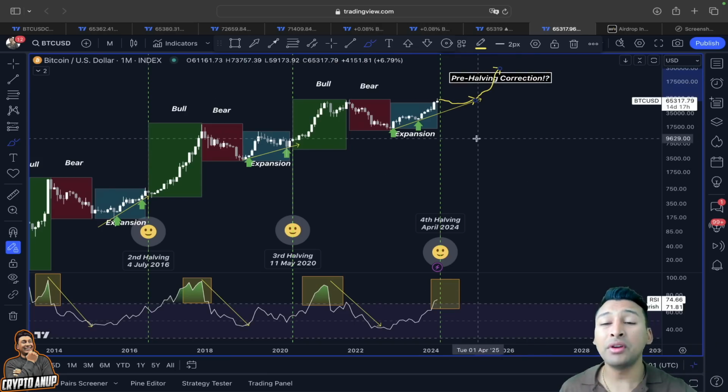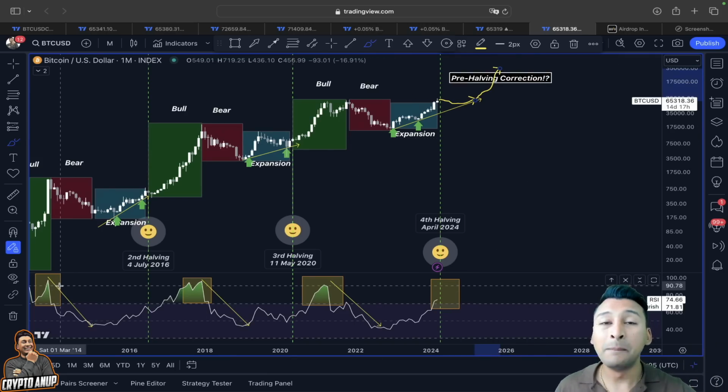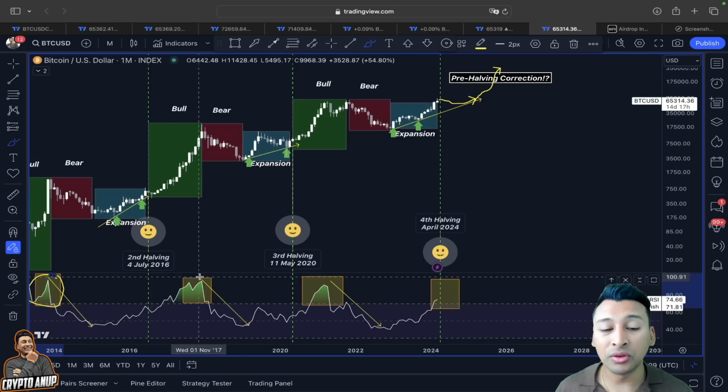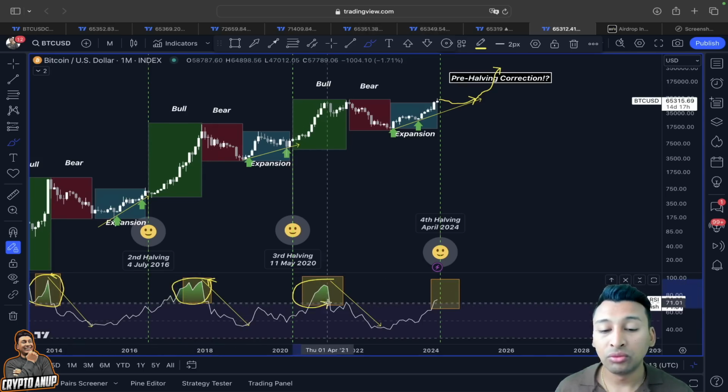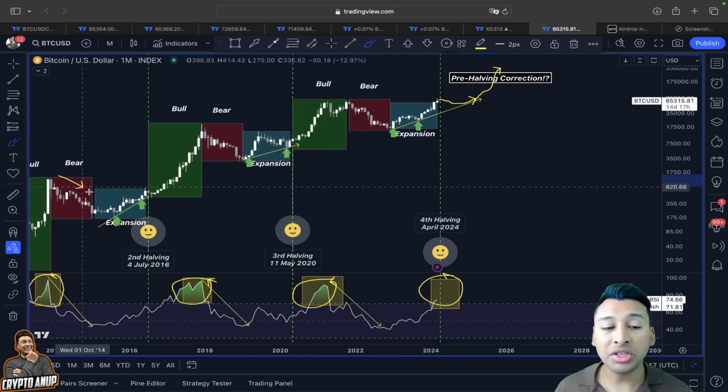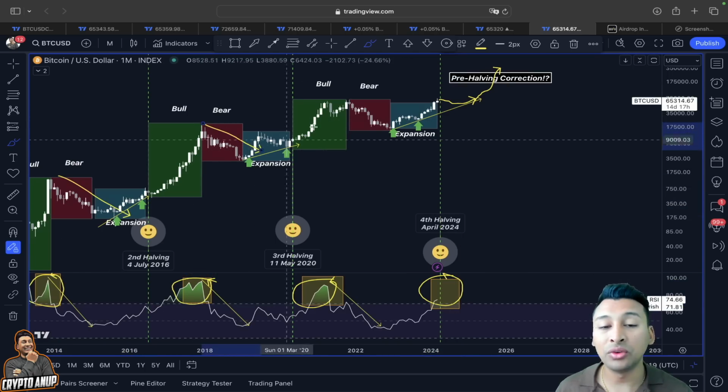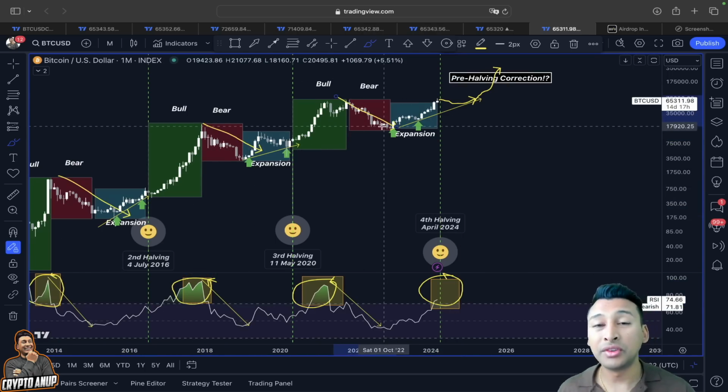And the reason why we are expecting the price of Bitcoin to go even higher is also because of this monthly RSI line, because whenever you can see this RSI line was overbought, what resulted after that? A corrective move. Each and every time the RSI line was overbought, it resulted in a corrective move.